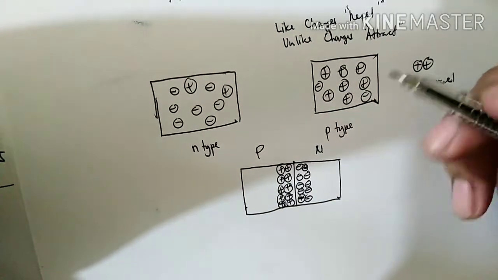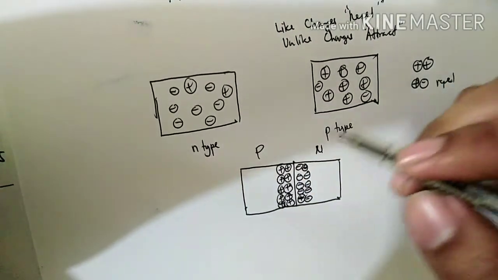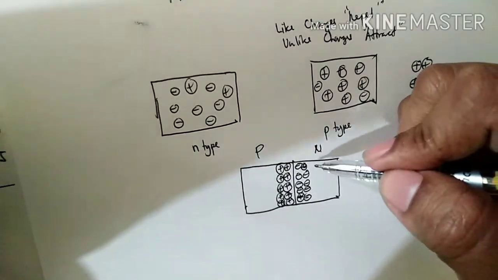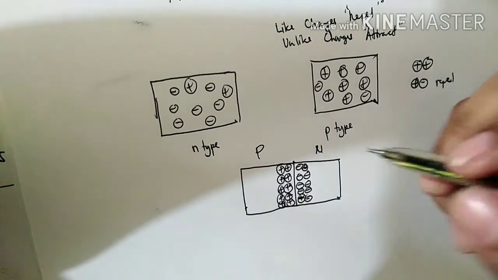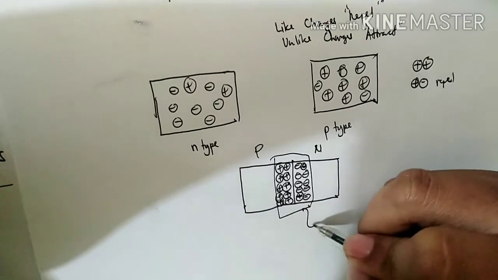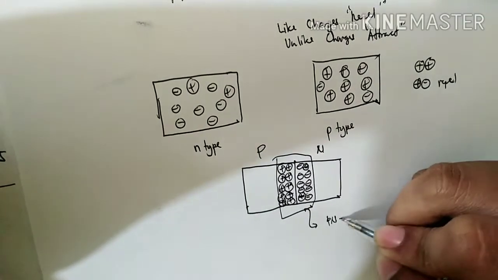So if you've joined the P-type and N-type material, the holes of the P-type material will attract the electrons of the N-type material, forming a region called the PN junction.